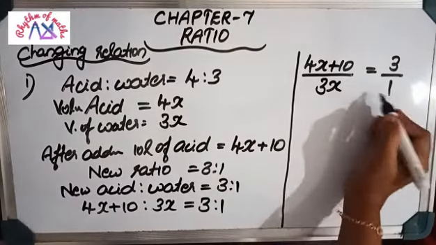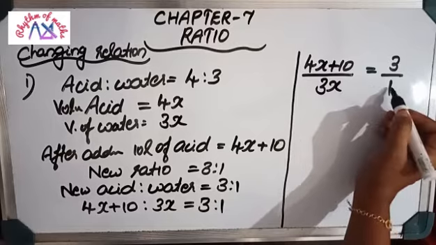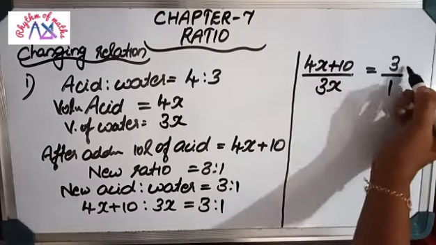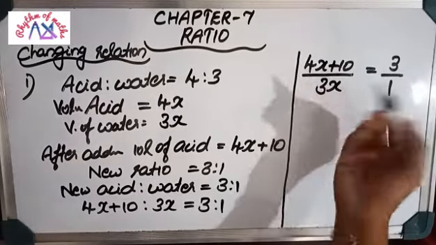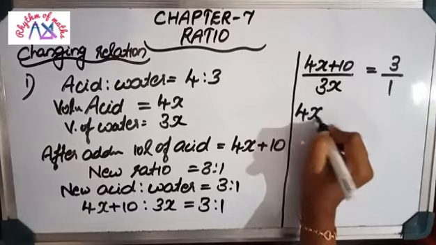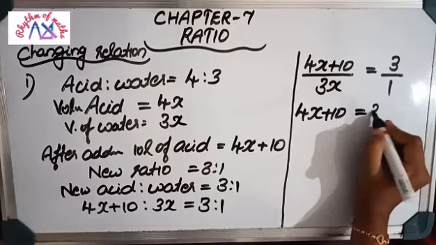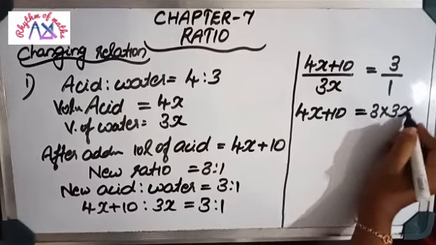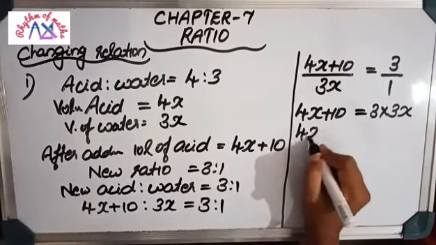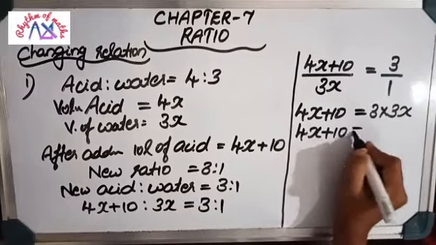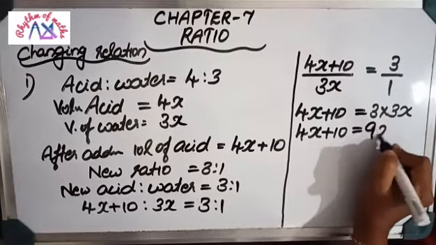Now let's cross multiply. That means take this 1 to this side and 3x to this side. So 1 into 4x plus 10 is the same, 4x plus 10 equal to 3x into 3. So 3 into 3x, what will be the answer? 4x plus 10 equal to 9x.